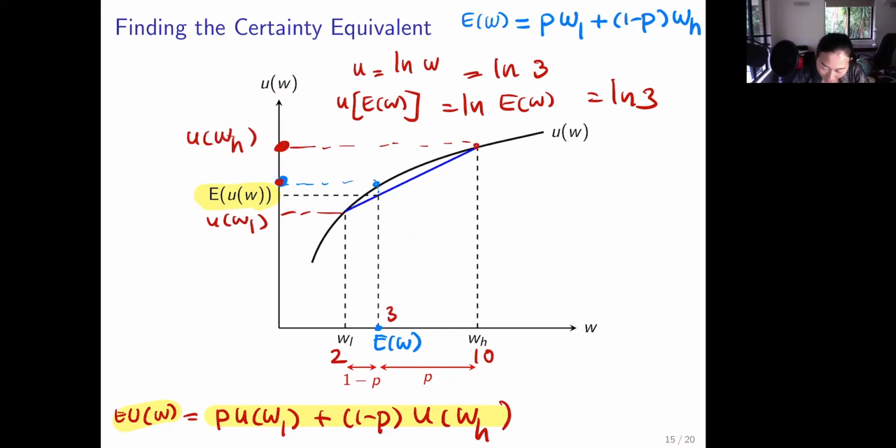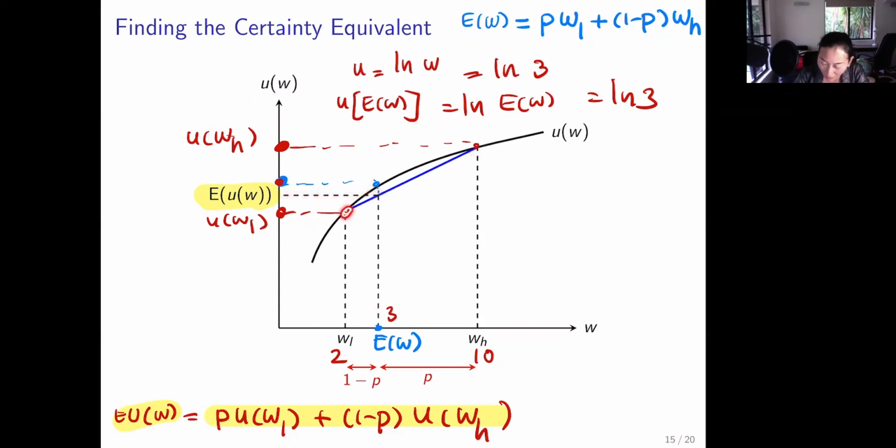Now if you look at this, guess what? It's a convex combination between U(WH) and U(WL). This is your convex combination right there, like P times U(WL). If you draw a line like this, oh no, sorry, that would be exactly like a convex combination.